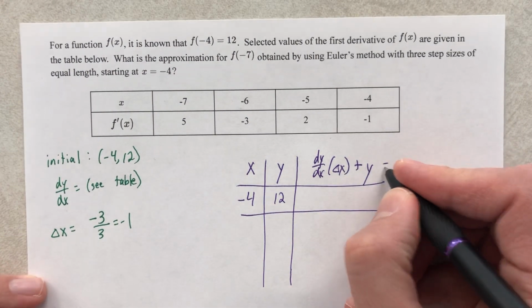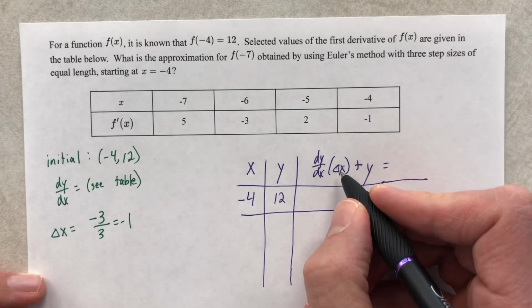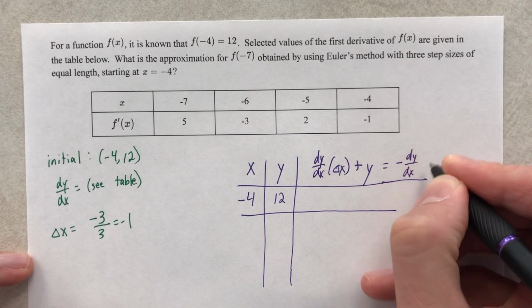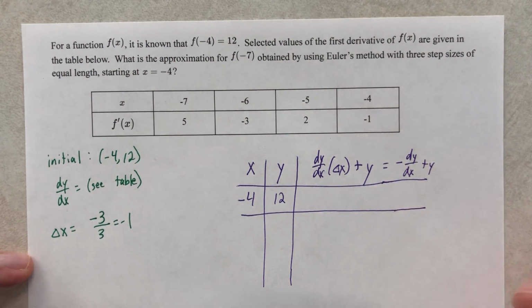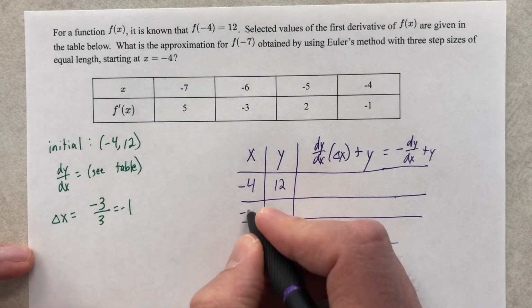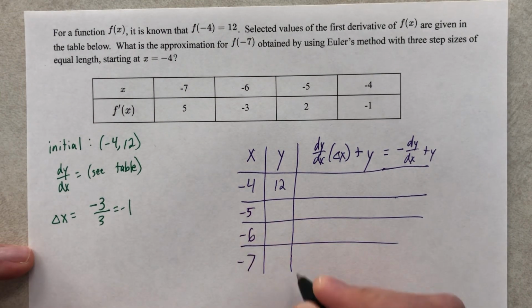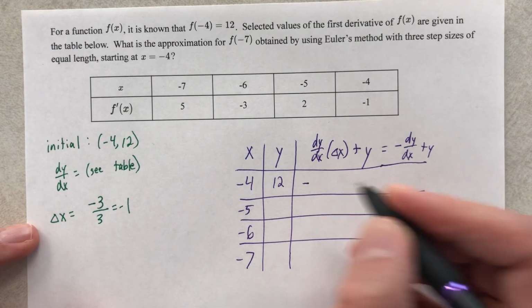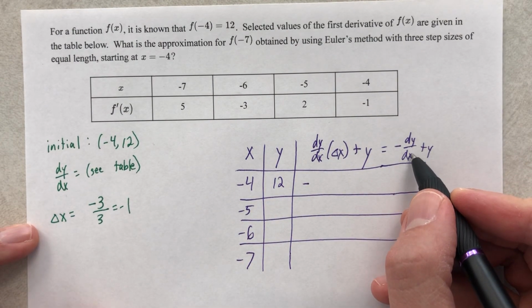So if you want to, you could write down everything you do know. You do know that delta x is negative 1, so it's going to be negative dy dx, and then plus y. We know that much. So we will proceed. We're going to get all the way to negative 7. So negative 5, negative 6, negative 7. We're counting backwards, and that's okay.